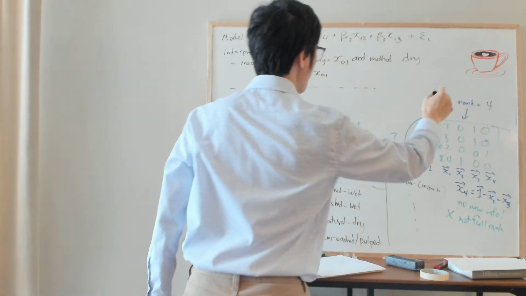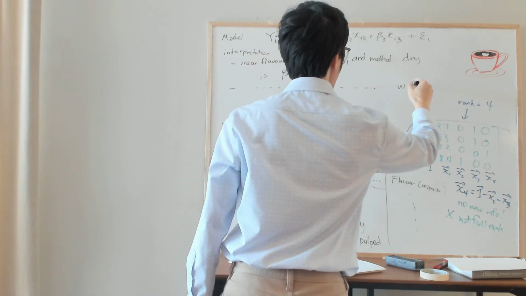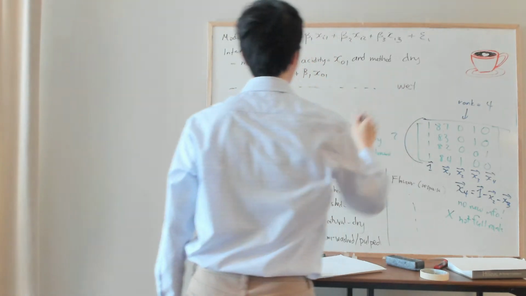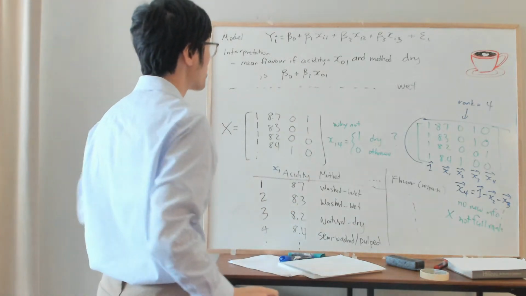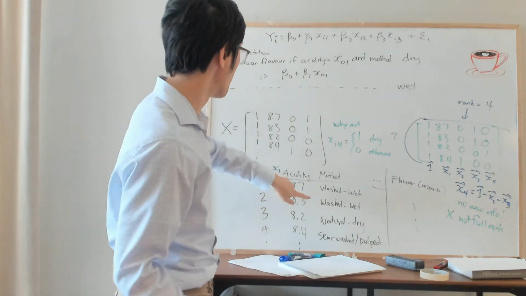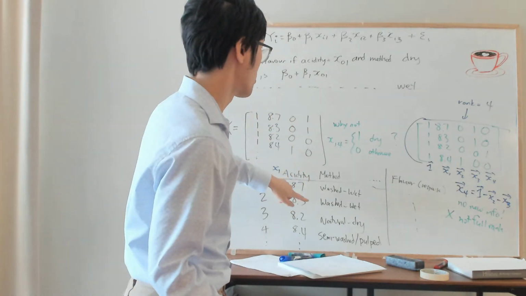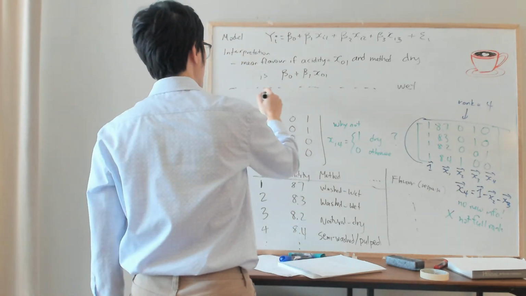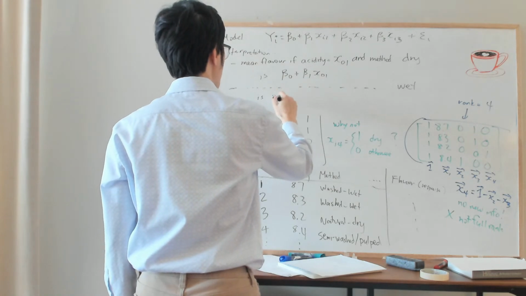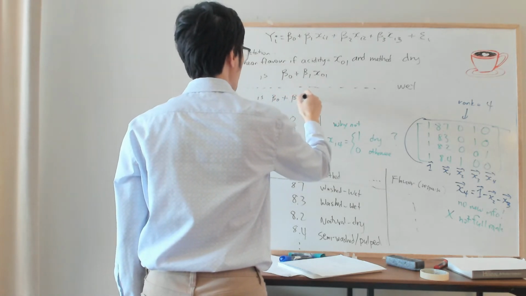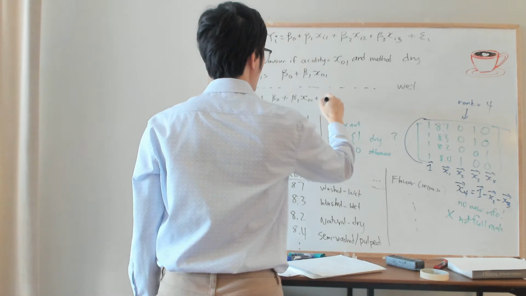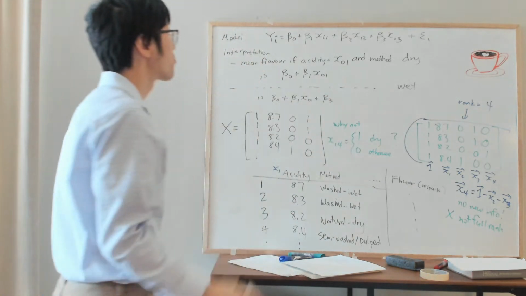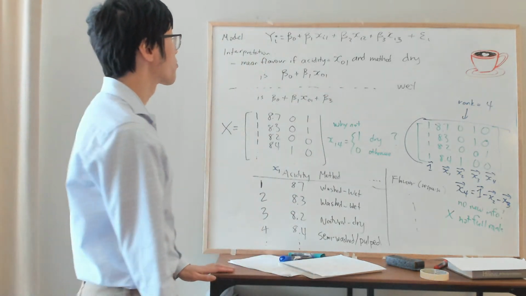The method wet. Okay, so the method is wet. That means you have to put a 1 for x3. So the mean for this one is beta 0 plus beta 1 x01 plus beta 3.